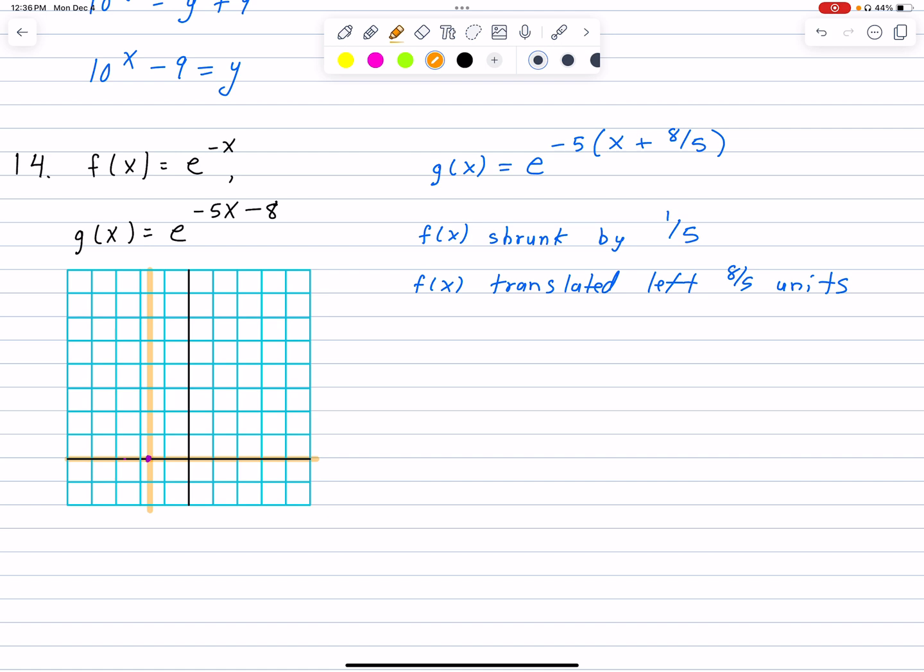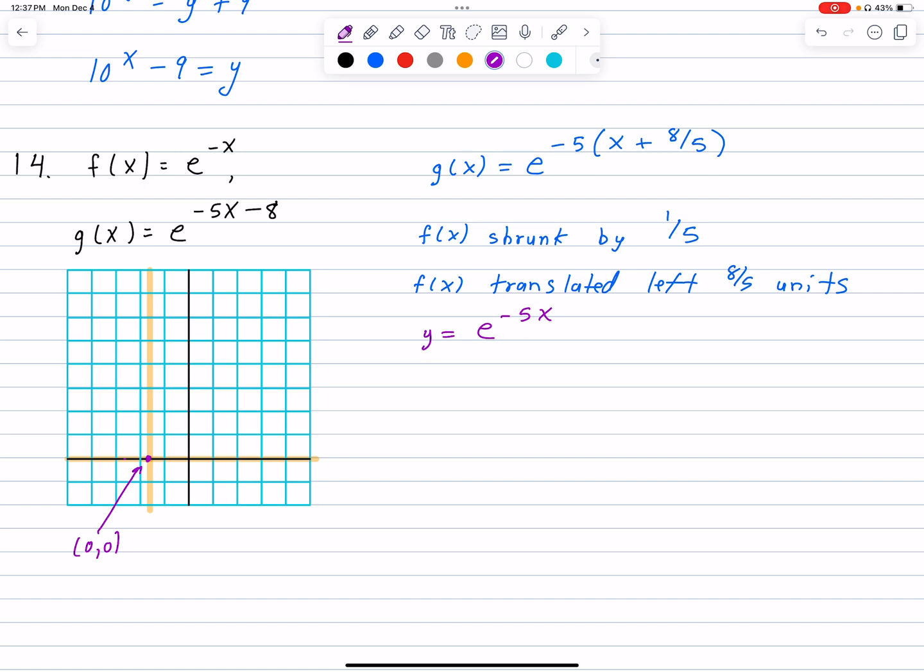Okay, let's go and graph. So I'm going to treat, reminder, I'm treating this point right here like the point 0, 0 for when I make my table. And so what I'm going to really do is I'm going to be graphing the function y equals e to the negative 5x, but I'm graphing it with the point indicated 0, 0.